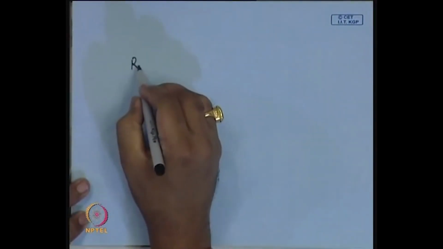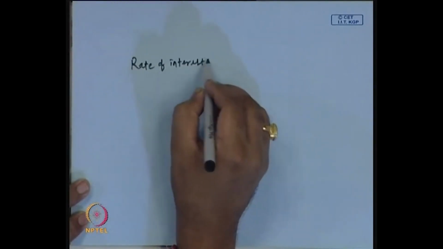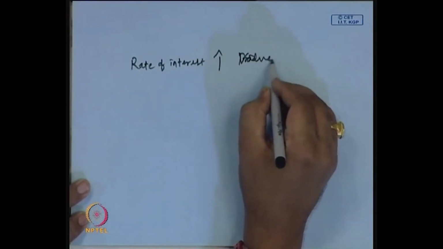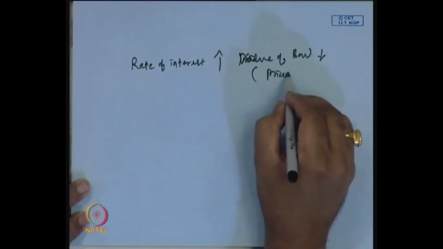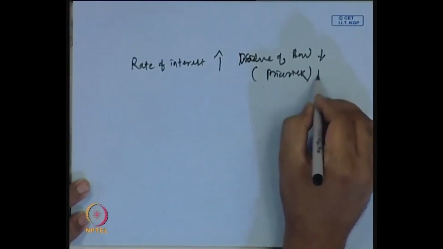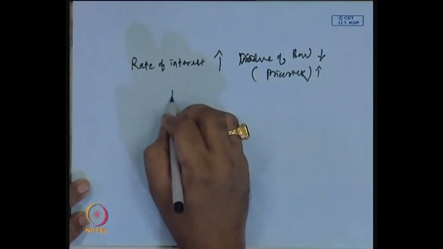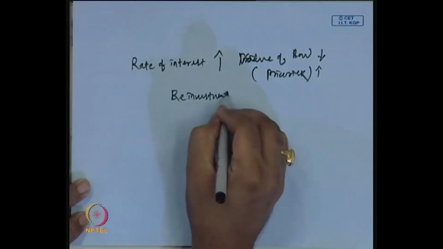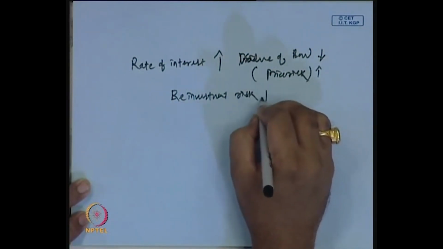So, in summary, if the rate of interest goes up, then the value of the bond goes down, which means the price risk is increasing. In that case, the reinvestment risk is declining.